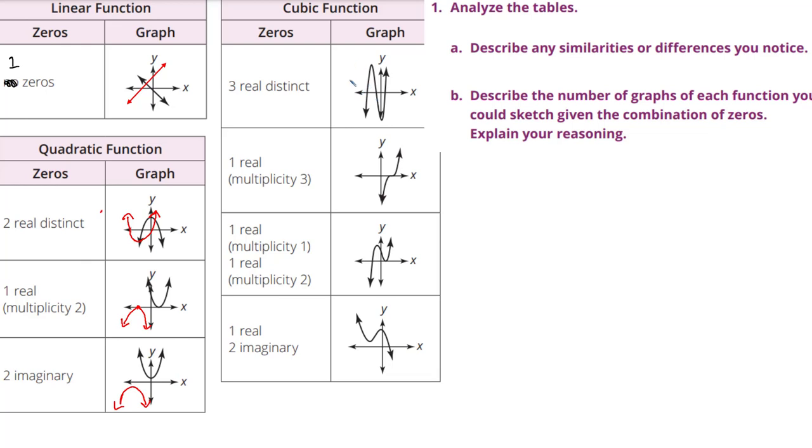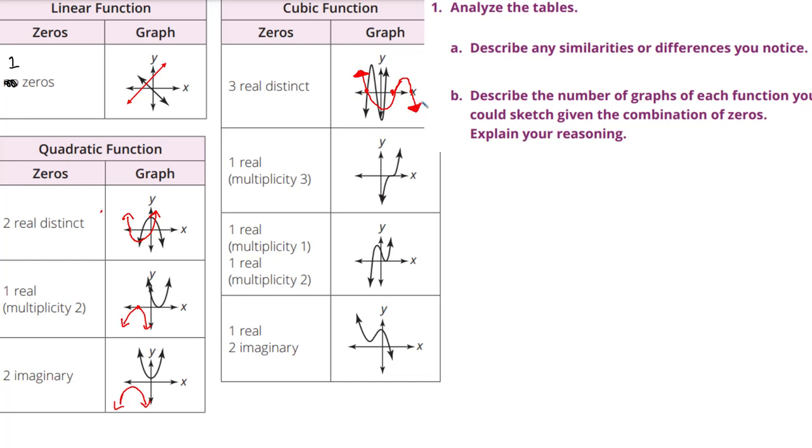For a cubic function with 3 distinct zeros, that means I go through the x-axis 3 times. So something like that. So on a quadratic, both sides go the same direction, correct? What about on a cubic? Do both sides go the same direction? No, they go opposite.